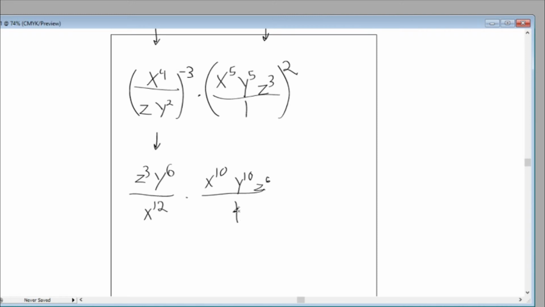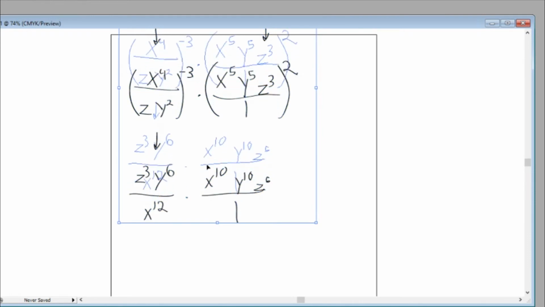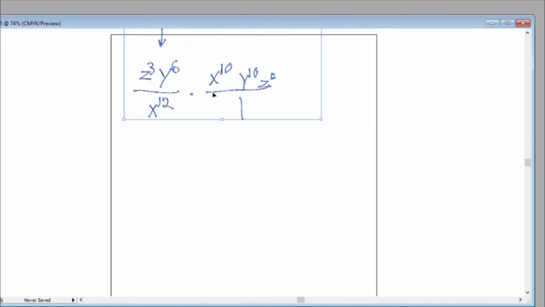So, now that we've gotten this, we can actually multiply these things together. And again, let me move this up so that we have some space. So when I go ahead and multiply these things, again, I'm looking for my like terms, the things that are similar. So x's we're going to multiply with x's, y's we're going to multiply with y's, z's the same thing.